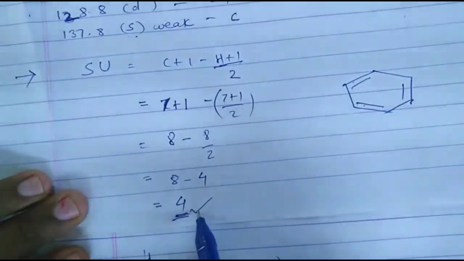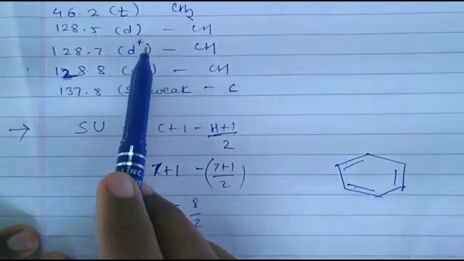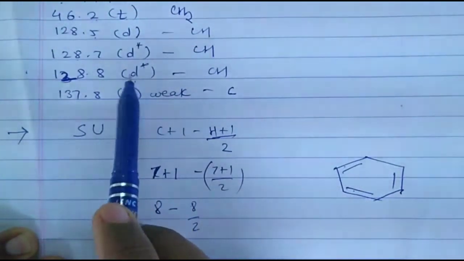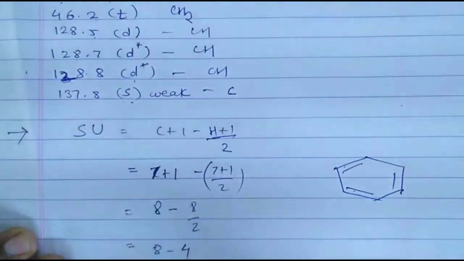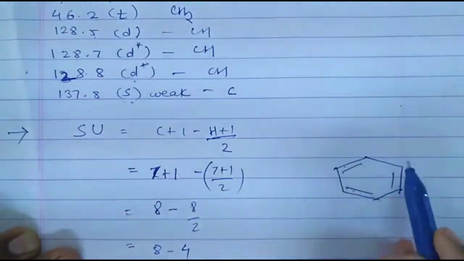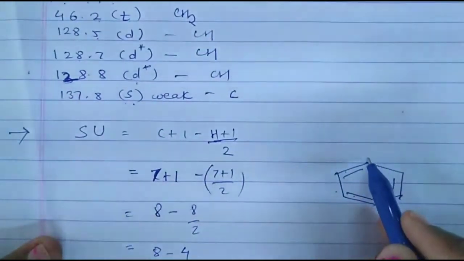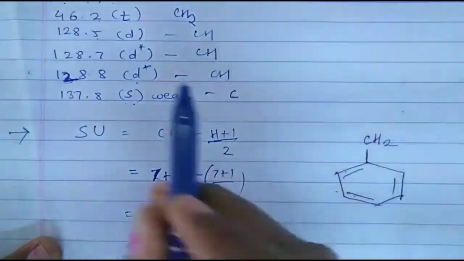Next, they give us a strong doublet. That means here there is a monosubstituted compound, and 6 carbons are attached here. That means 1 carbon remains over here, and this 1 carbon must be attached to this CH2.